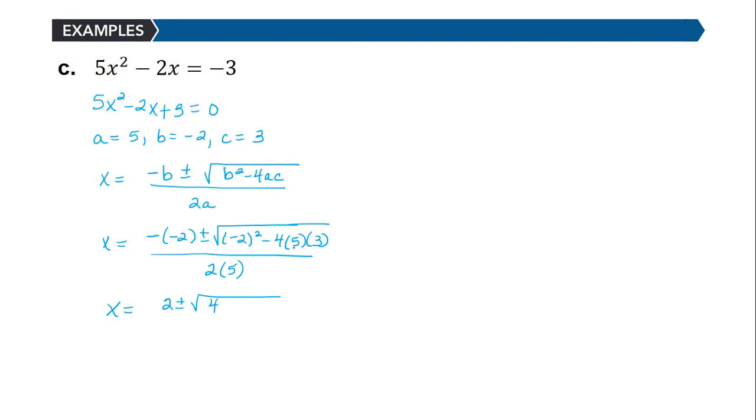Negative 4 times 5 times 3 is minus 20 times 3 or minus 60. And then divided by 10. So this simplifies to be 2 plus or minus the square root of negative 56 divided by 10.